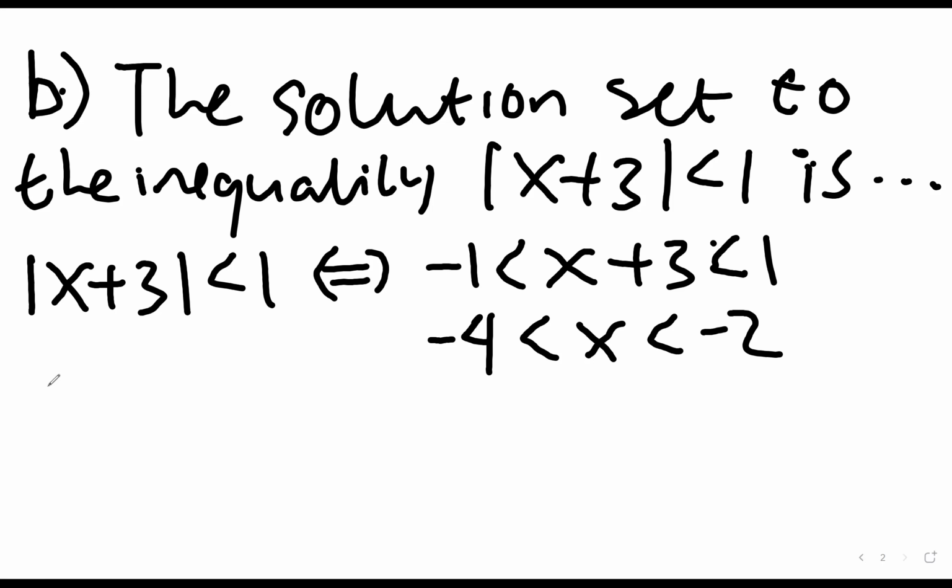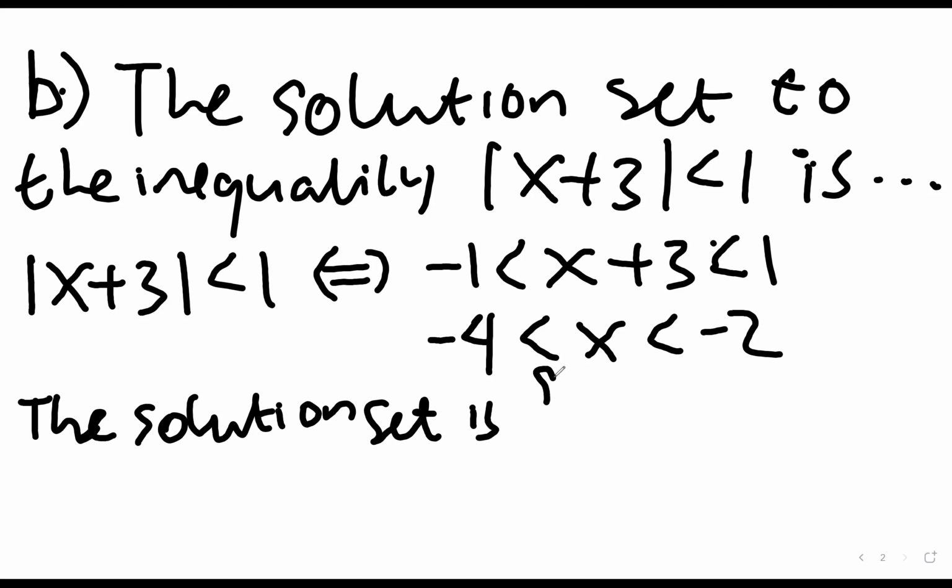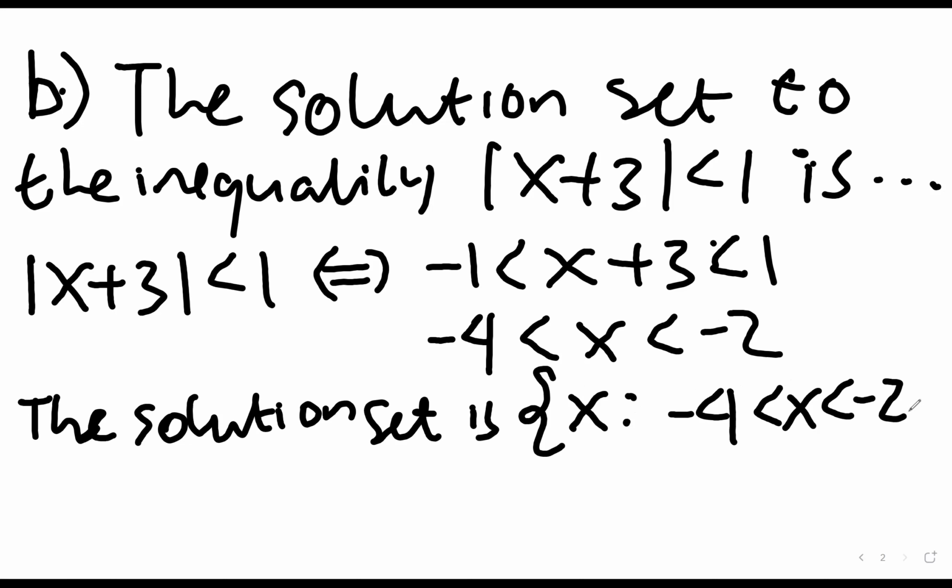Okay, so the solution set is a set of points x for which x is in between minus 4 and minus 2. Of course we can rewrite this in interval notation, minus 4 comma minus 2 here. Okay, so this is one way to solve this inequality.